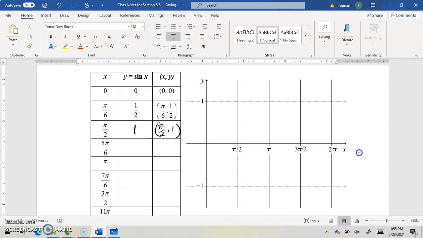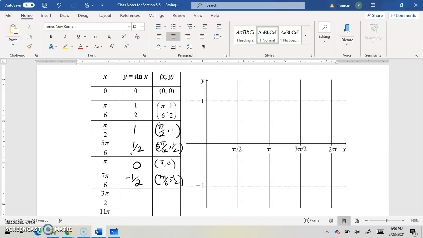At 5 pi by 6, the reference angle is again pi by 6, so the sine value will be half again. So the point is (5 pi by 6, half). At pi, the sine value would be 0. So we have (pi, 0). At 7 pi by 6, it will be the third quadrant, so we will have negative half: (7 pi by 6, negative half).